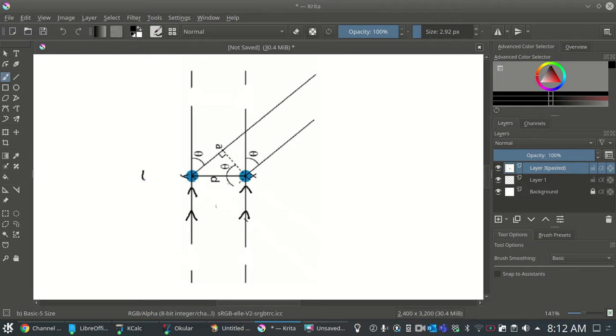These white dots here are just replicas of these blue particles, and my black line here is the microscope slide that these particles are all sitting on.